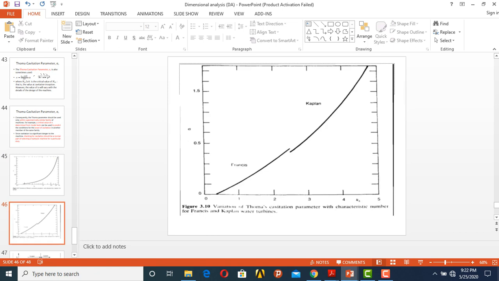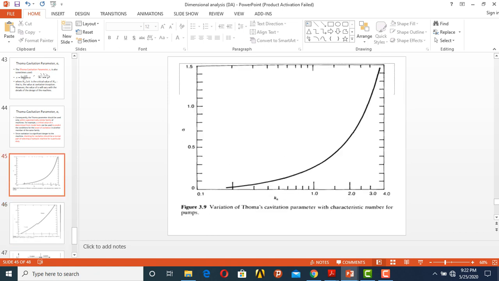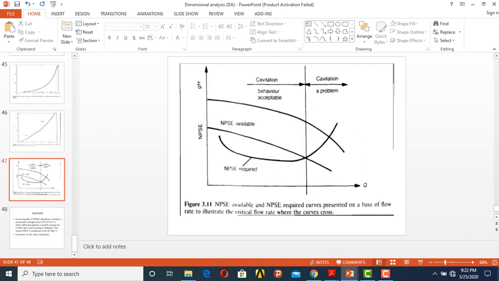You can use either net positive suction head or net positive suction energy. It was recently changed to suction energy, but it used to be called net positive suction head. Here you have net positive suction energy against the flow. The net positive suction head available normally reduces with an increase in discharge.